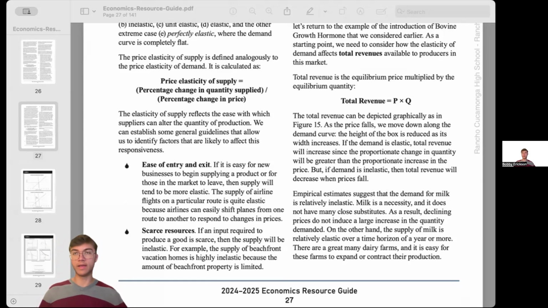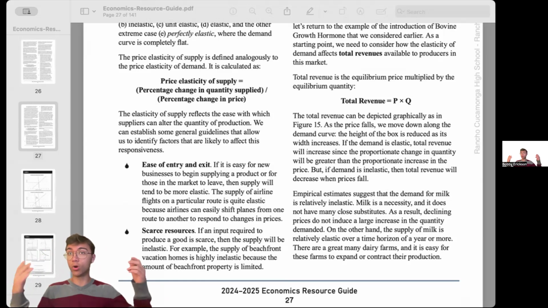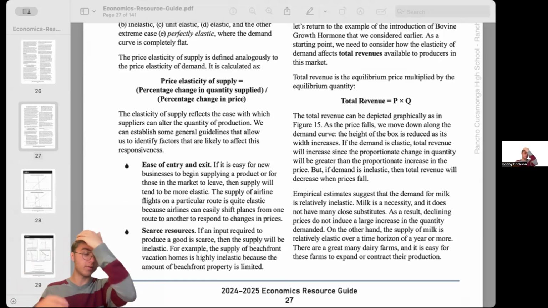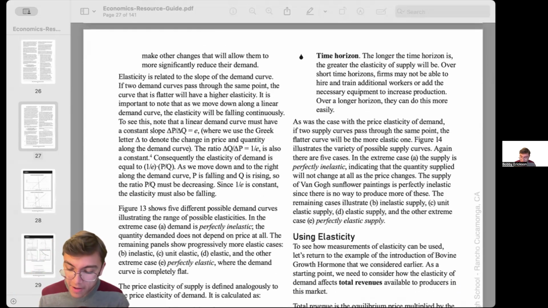Versus elastic would be, let's say, a lower input price and you have a ton of bread that you can make, then you're going to have more elastic supply because you can more easily make more goods based on an increase in price because you have low bread prices. And then we have time horizon, where if we have a longer time horizon, then we're going to have a greater elasticity of supply.